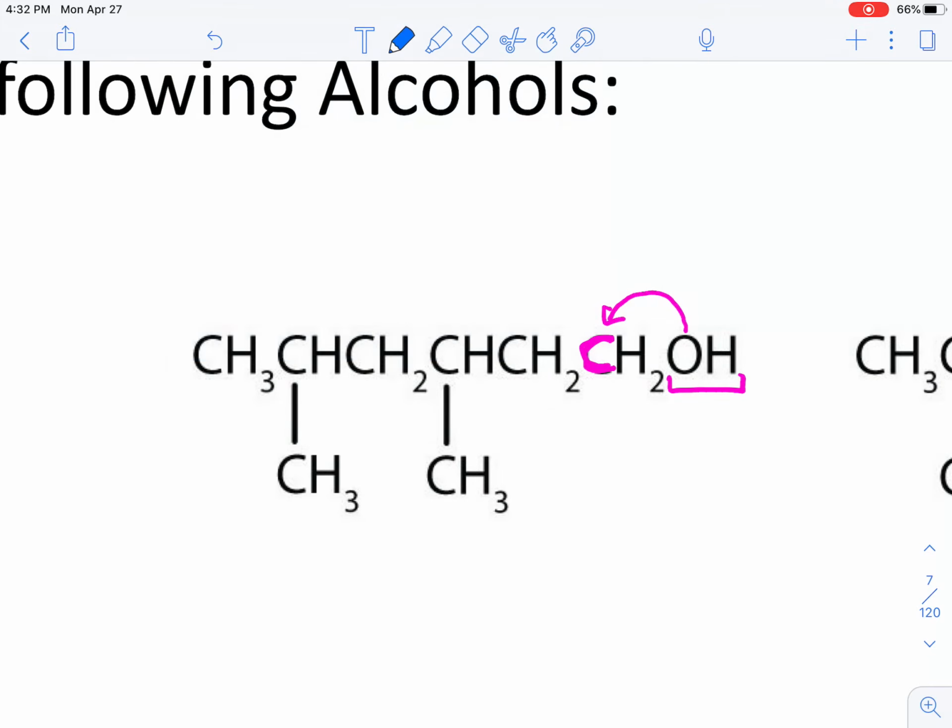And since this carbon is only covalently bonded directly to one other carbon, this carbon is going to be considered primary, making this alcohol primary as well.